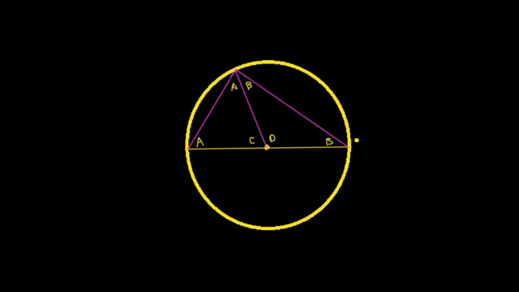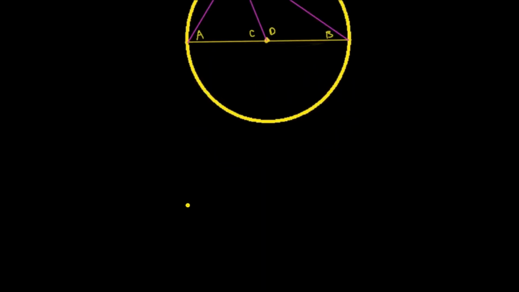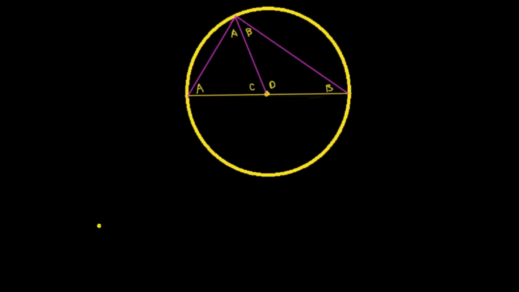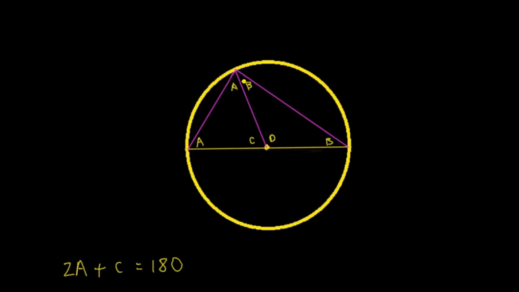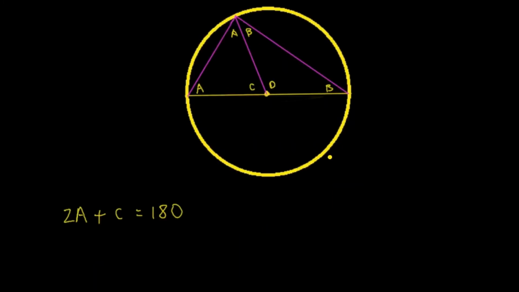all three angles in a triangle should add up to 180 degrees. So that means A plus A plus C should be 180 degrees. So we can write that here. A plus A is just 2A. 2A plus C is equal to 180 degrees. And also here, this is also a triangle. So B plus B plus D should also equal 180 degrees.